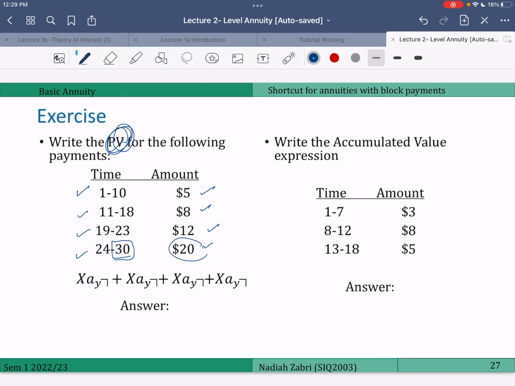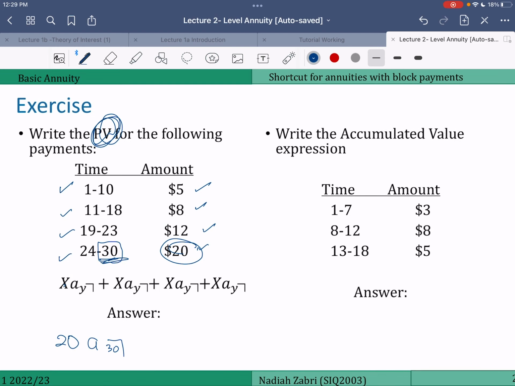The amount for the fourth block is 20. 20 a angle 30. All 30 years, we put level payment of 20. But then the next one will be 12 only, not 20. So we need to minus 8. Okay, but we minus 8 for all blocks before this block. So before this block is 23. So a angle 23.